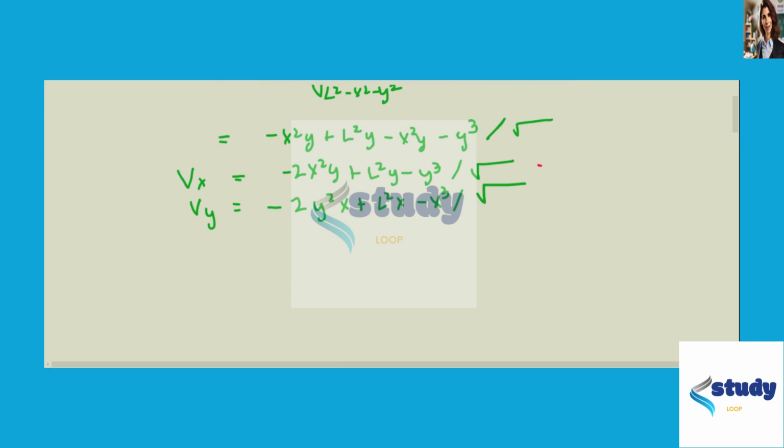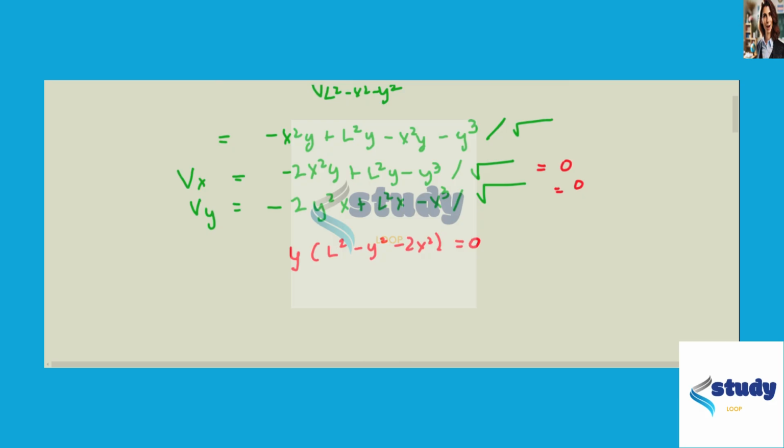Now I'm going to set each one of those equal to 0. I don't care about the square root on the bottom, that's why I'm just ignoring it. On the first one, I'm going to factor out a y, and so I have L squared minus y squared minus 2x squared equals 0.